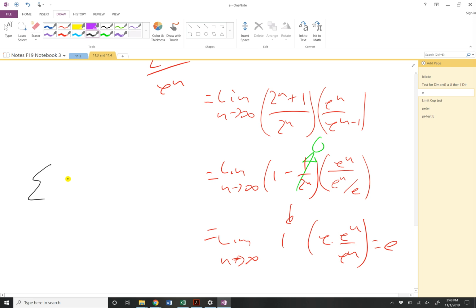Okay, we didn't get to some of the harder ones. What about this? Anyone have any ideas on how to handle sine of 1 over n? There's no dominant terms here. What does sine of 1 over n behave like?